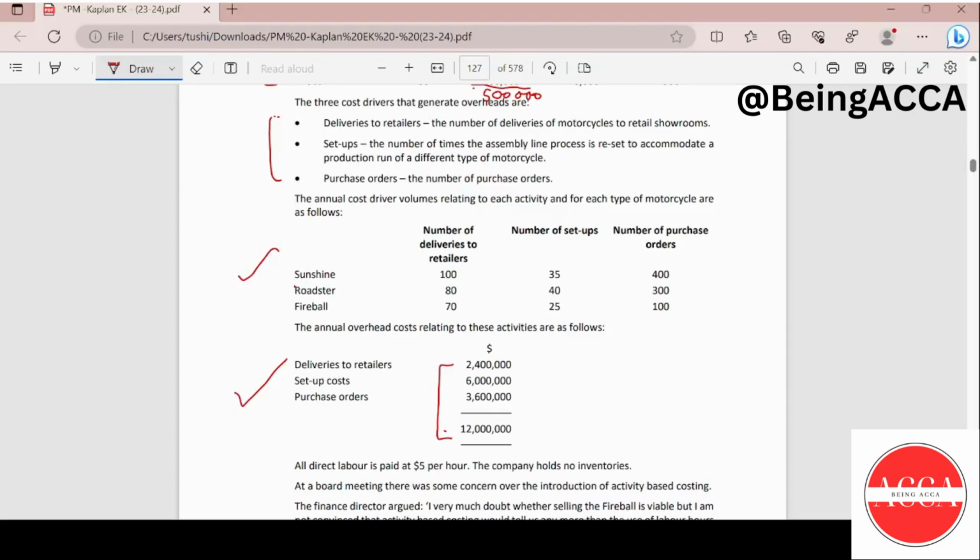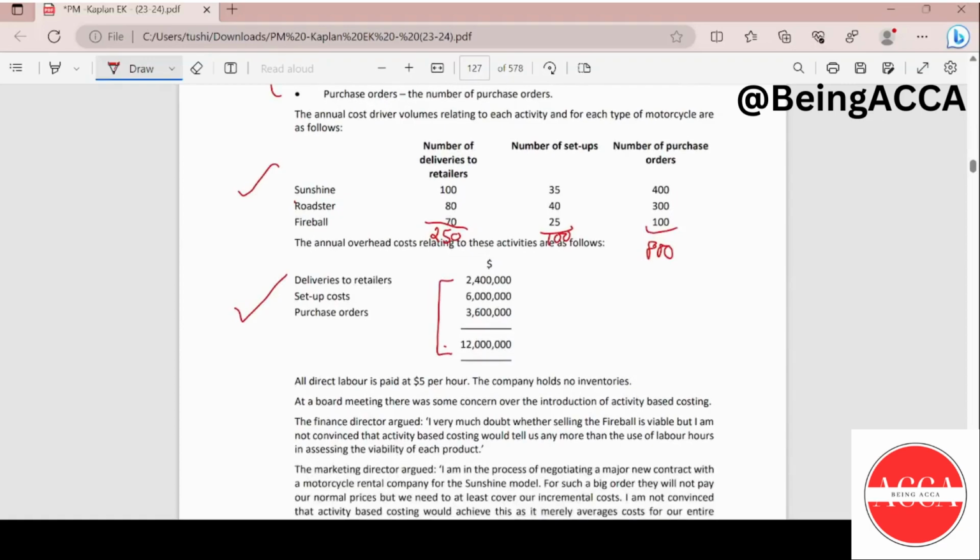If I total these up, 100 plus 80 plus 70 gives me 250, and 35 plus 40 plus 25 gives me 100, and then 300 plus 400 plus 100 gives me 800. So these are the totals that I have over here.